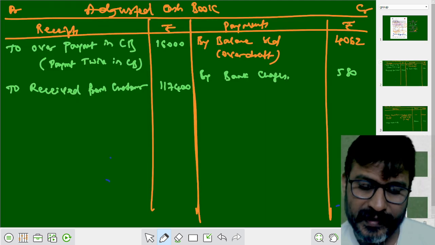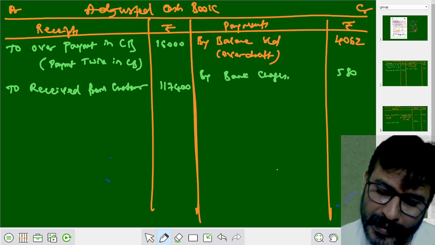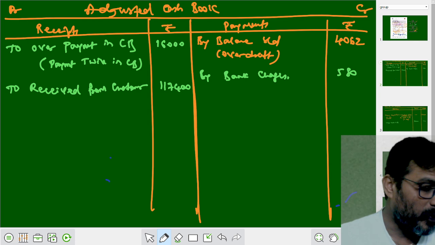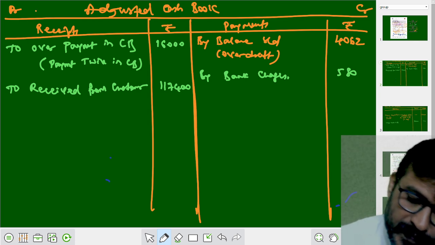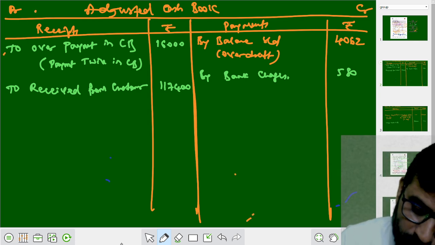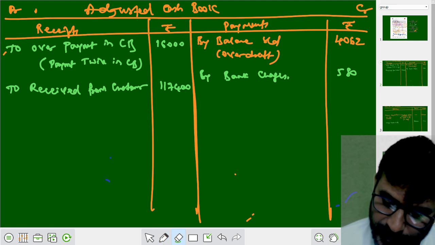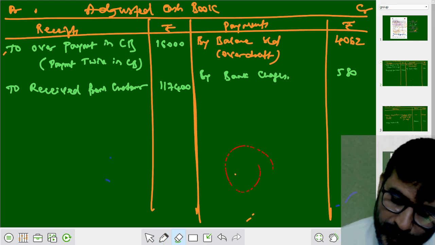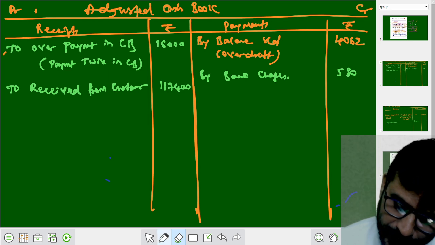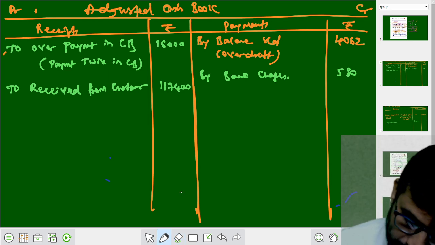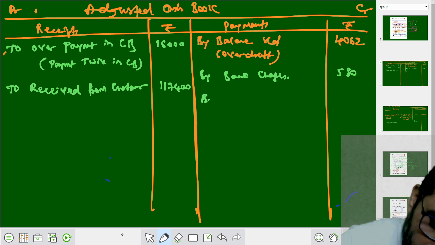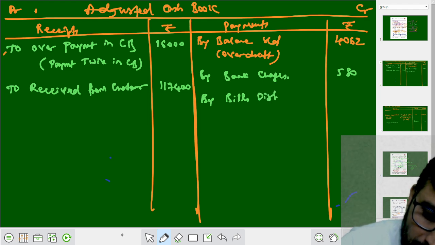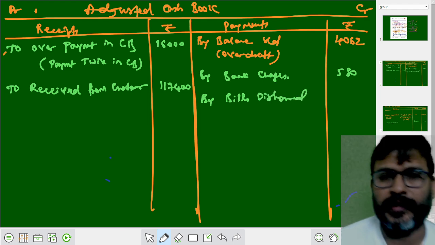So let us write the entry on the payment side of the cash book. By bills dishonored.